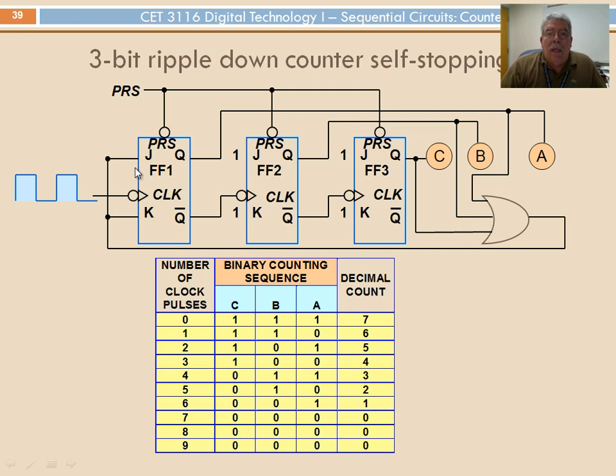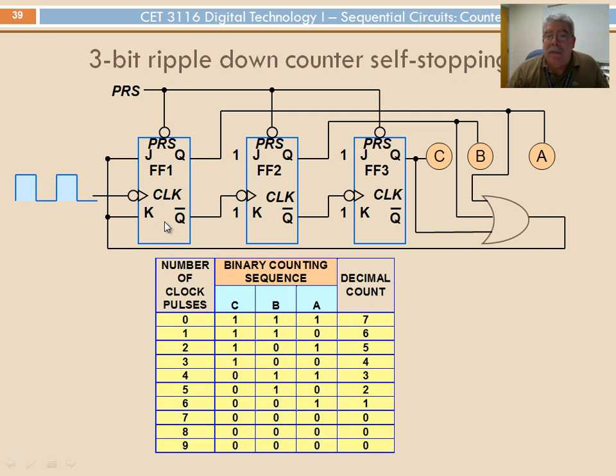However, we also have the output. So we take a sample of each one of the outputs, and then we simply OR these three outputs together, and that's what we feed into the first flip-flop, which both have, of course, J and K tied together.